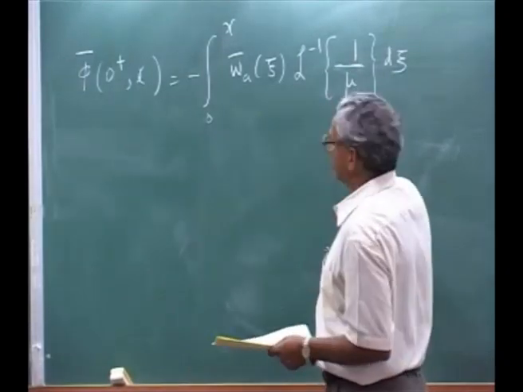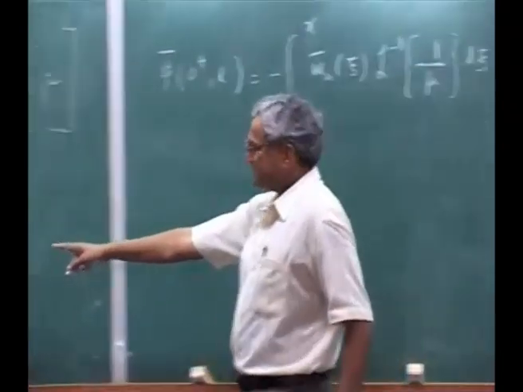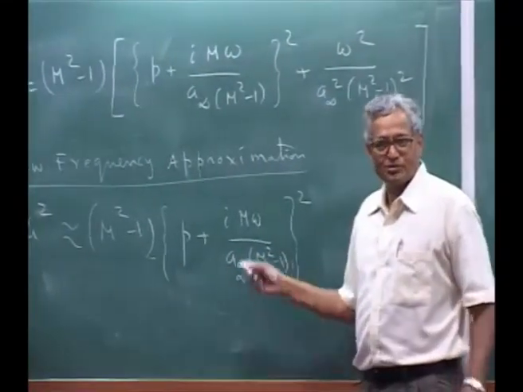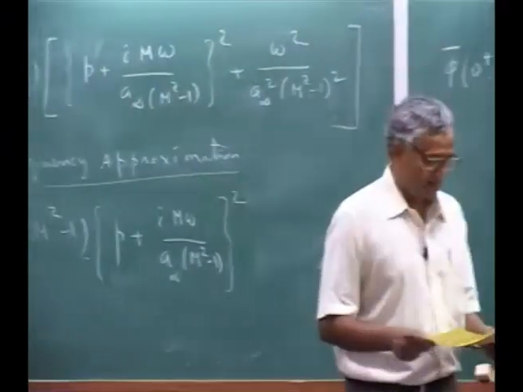Now Laplace inverse of 1 over mu is very simple, because this is nothing but p plus a whole square, so it is just an exponential term.